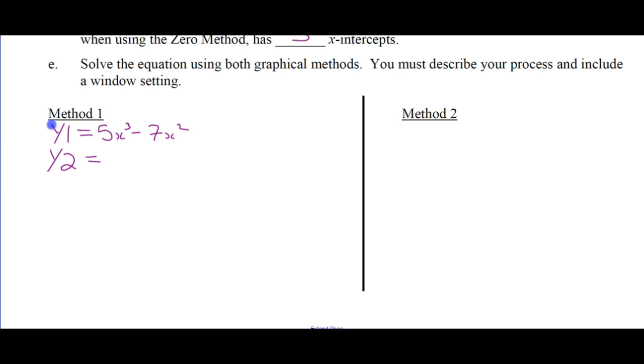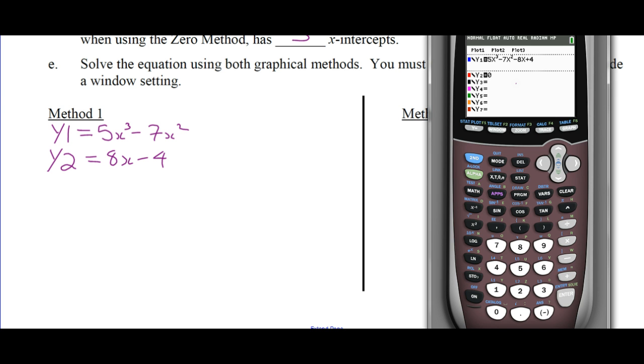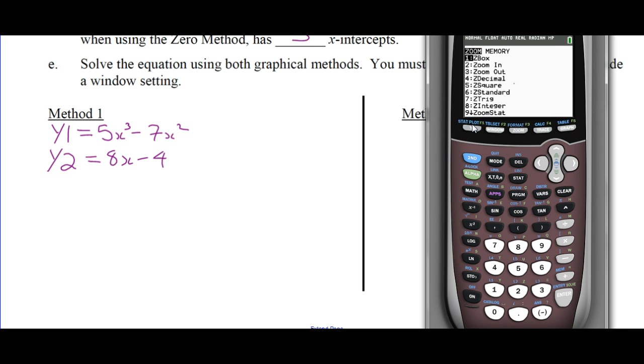Y2 is the right-hand side of the equation, which is 8x minus 4. Okay, I'm going to go zoom standard.